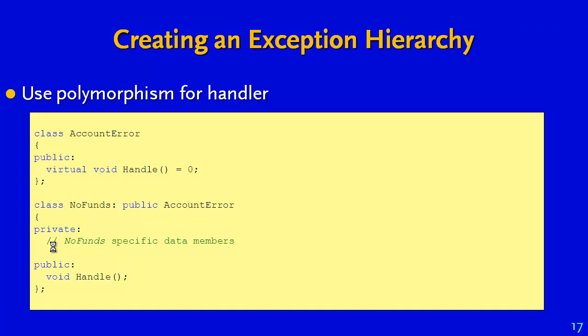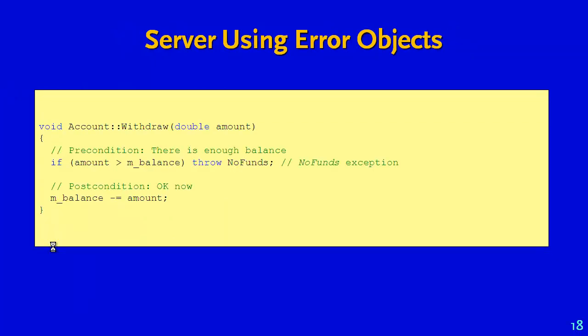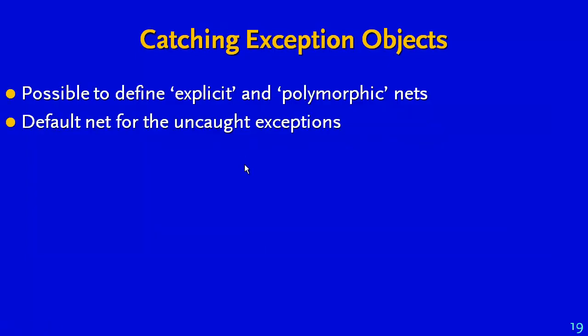Okay, we can create an exception hierarchy. I'm not exactly sure if I should handle it now, because you can read the slideshows and so on, but you can catch polymorphic exceptions. So here for example, a derived class of an exception base class, no funds, instead of a -1.